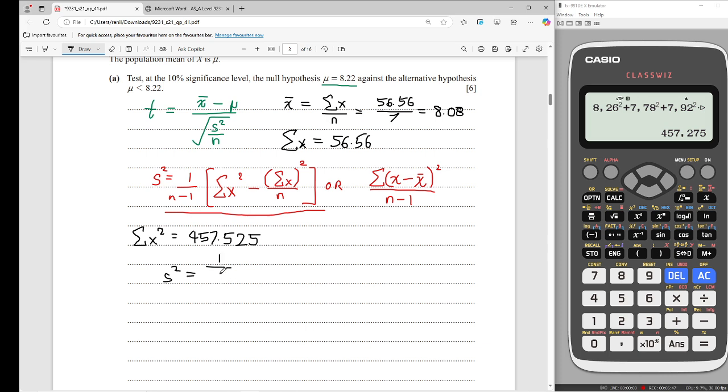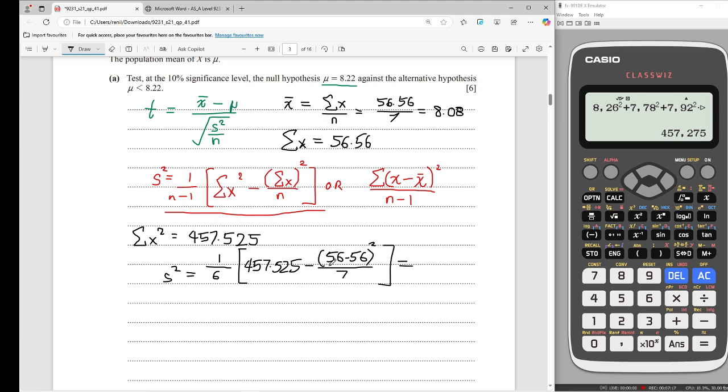So n minus 1 is 6, and over here we have 457.525, and this is subtracted with sum of x squared, which is just 56.6 squared divided by number of terms 7.